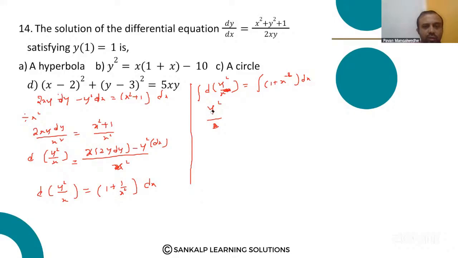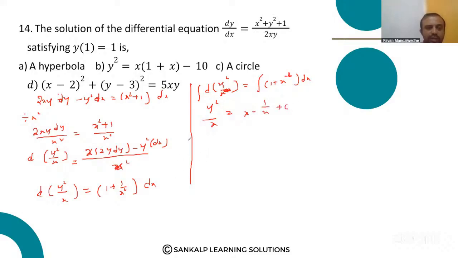Integration of y square by x is y square by x equals x minus 1 by x plus c.